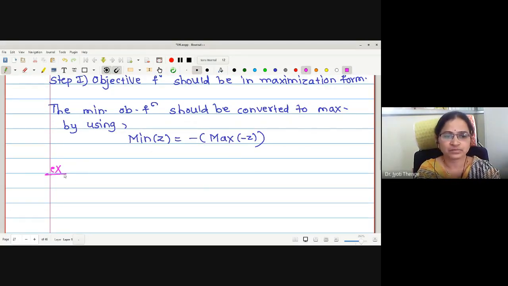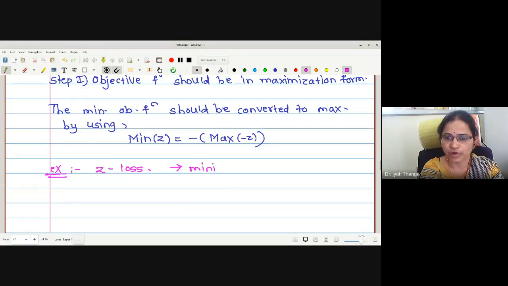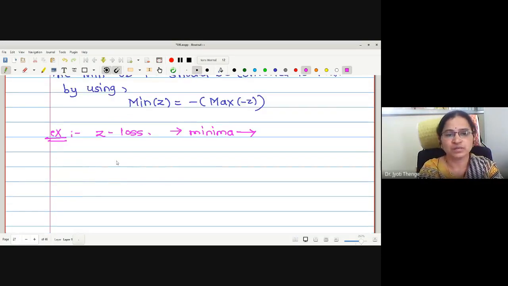For example, z is the function I am going to consider as a loss of any business. Whenever we are finding the objective function as a loss, what is my aim? The aim should be to minimize those losses. Therefore, here the objective function will be of minima type.